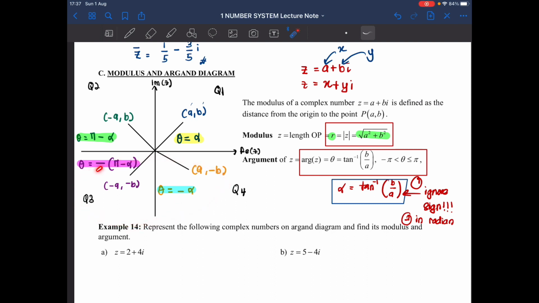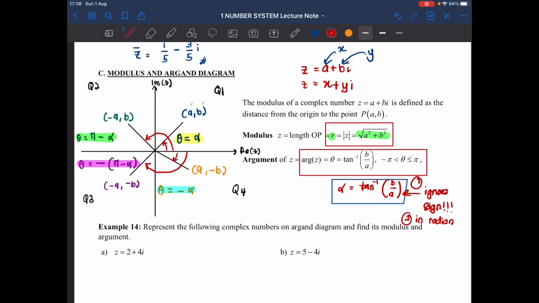Negatif, negatif. Okay, sebelah kanan alpha sahaja, di sebelah kiri pi minus alpha. Dari mana datang pi itu sebenarnya? Okay, daripada sini. Ini ialah alpha kamu. So untuk dapat ini, pi lah, pi is 180. So pi minus alpha. So ini pun samalah. This is your negative alpha. This is negative pi minus alpha.